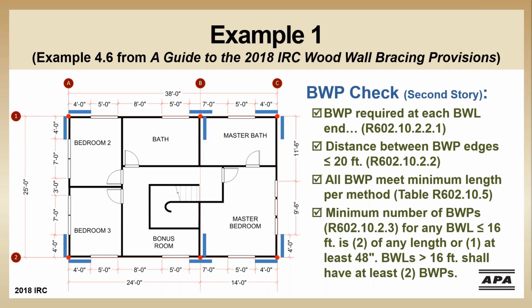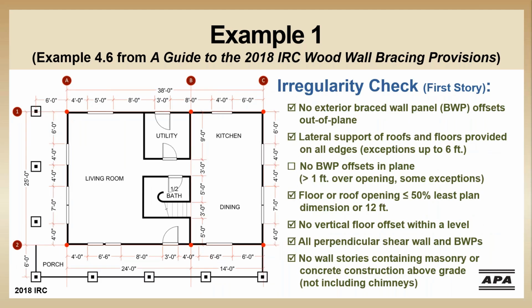Going back to our checklist, we can see we're meeting all of these minimum requirements for braced wall panel spacing and location. And then going back to our irregularity checklist, you'll remember we stuck that one item in our back pocket. If we shift over the lower floor braced wall panel, we can make sure all of our braced wall panels are also stacked.